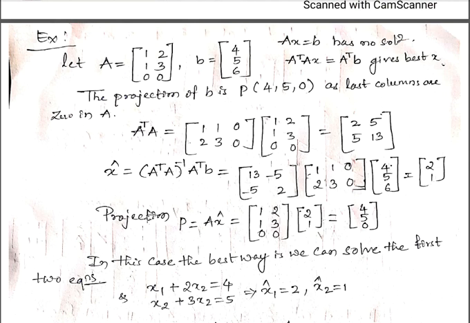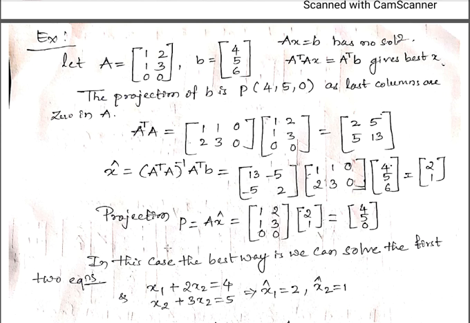So what is P? Projection P is equal to A x cap. A is this, x cap is this one. The value of x cap is 2, 1. So we get 4, 5, 0.